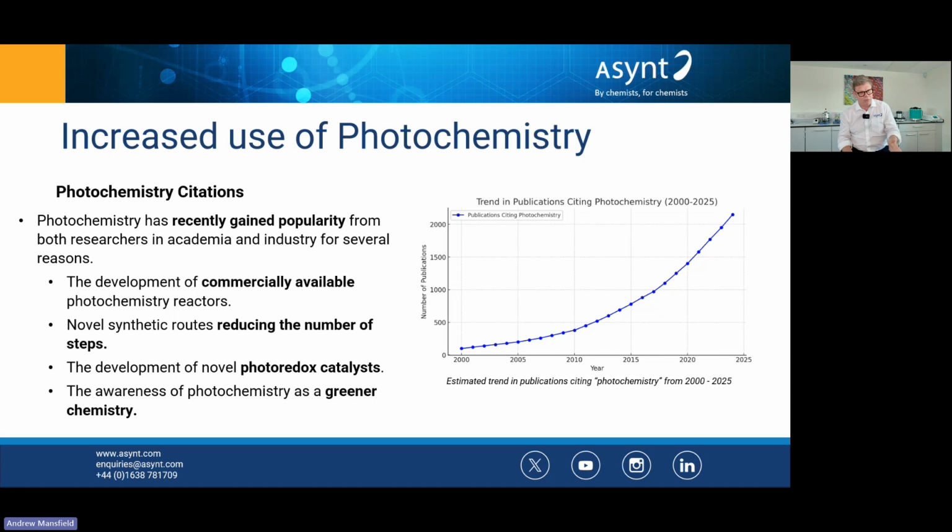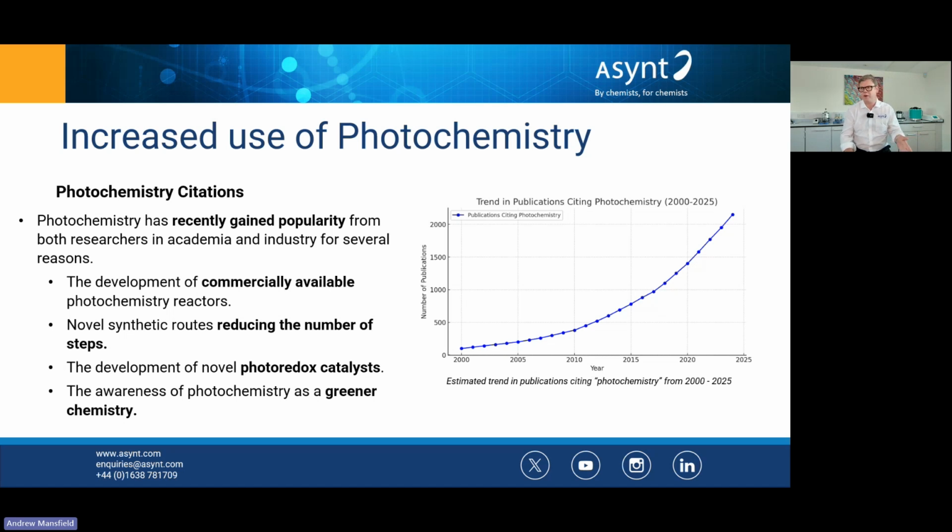So that's really helped drive the increase in adoption of photochemistry, but it also increases our chemical space. We can develop novel synthetic routes, reducing the number of reaction steps, as we've discussed.